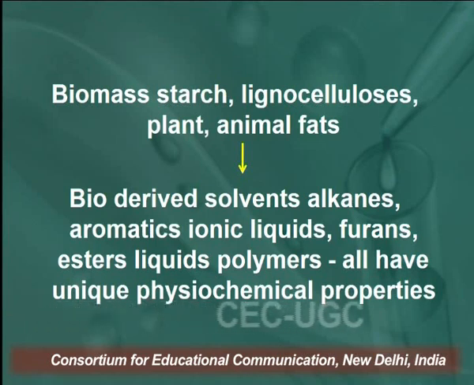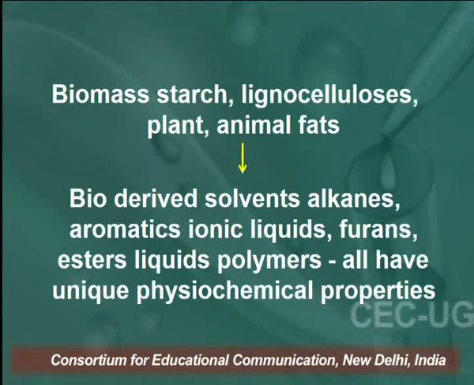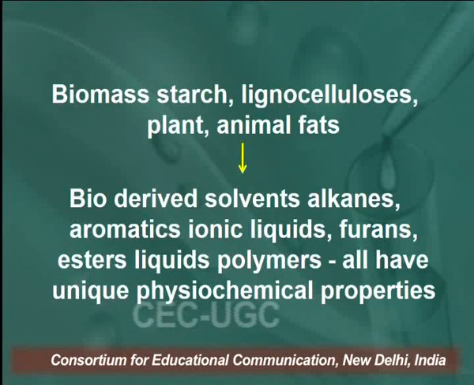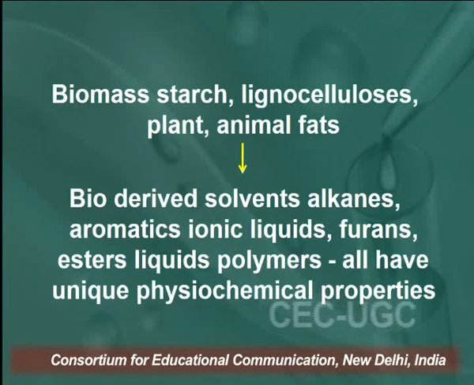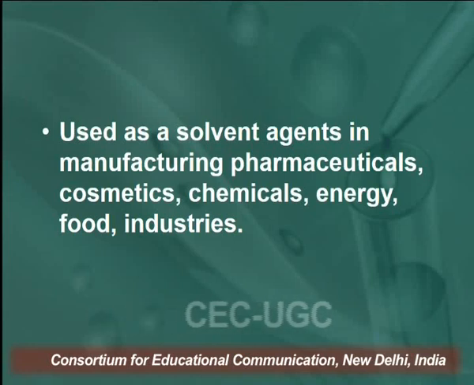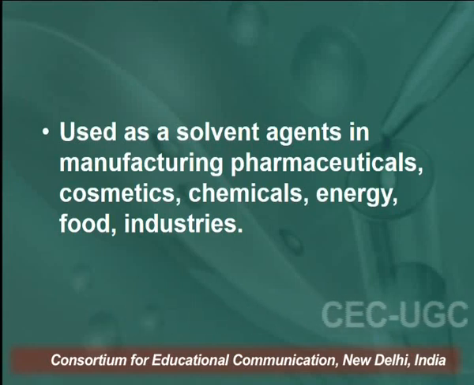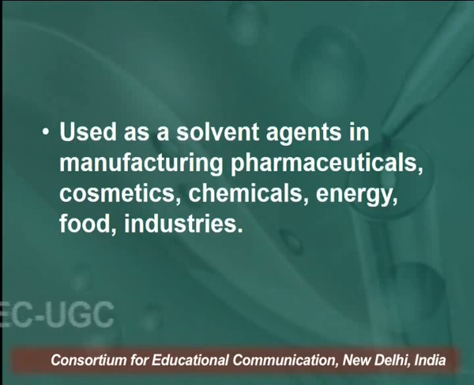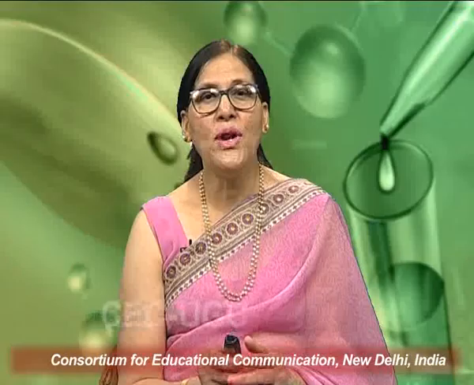Also, from animal fats we can obtain bio-derived solvents like alkanes, aromatics, ionic liquids, furans, ester liquids and polymers, all of which have unique physiochemical properties and are used as solvent agents in manufacturing pharmaceuticals, cosmetics, chemicals, energy and food industries.